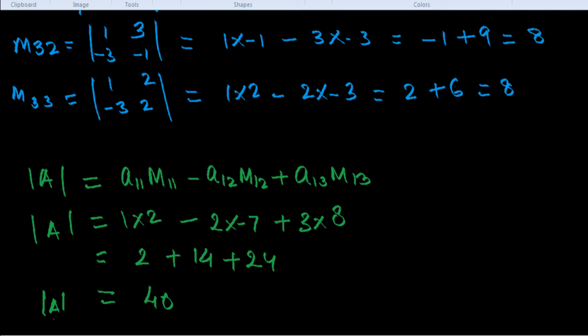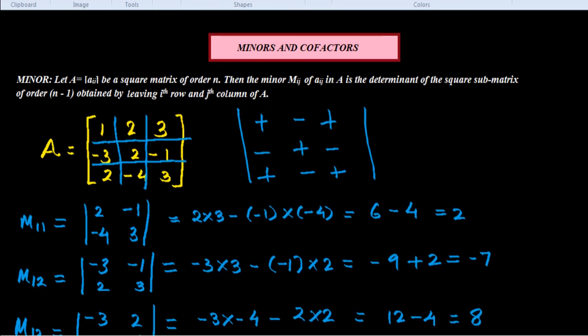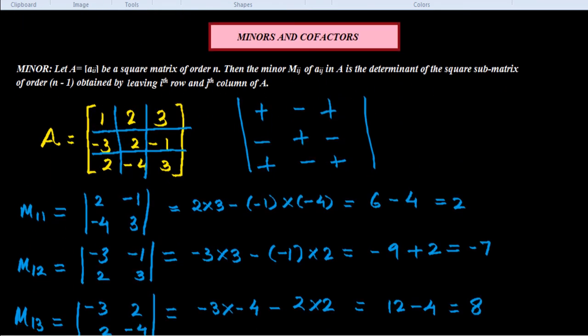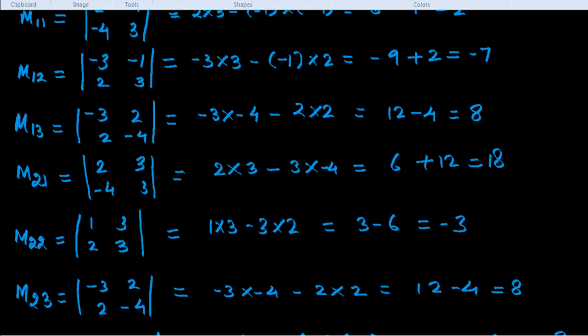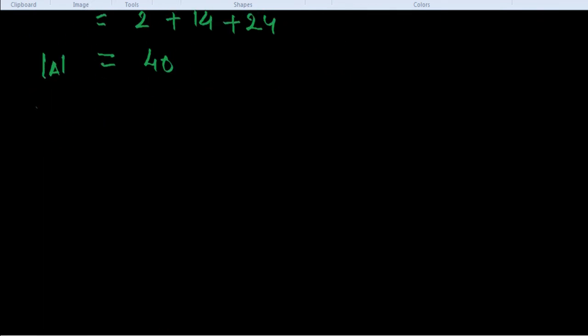We could easily find this value through any row or column. Now I will explain with some other column. We take the second column. So for the second column, determinant of A is A12 M12.